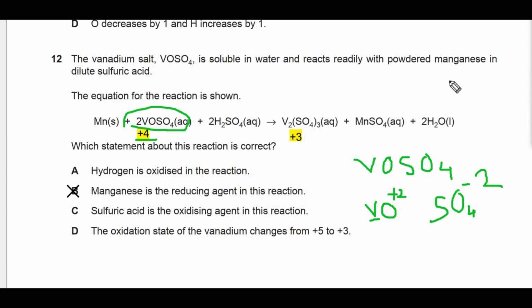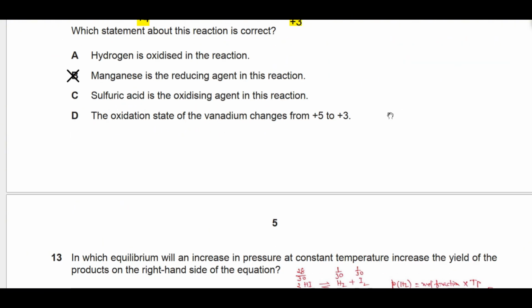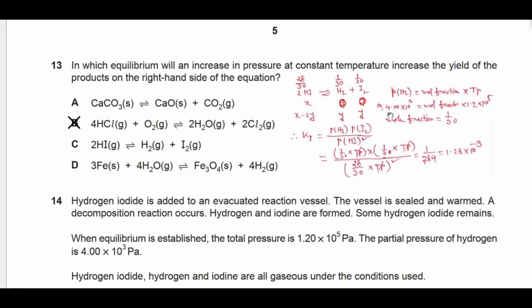Next, number 13. In which equilibrium will an increase in pressure at constant temperature increase the yield of the products?